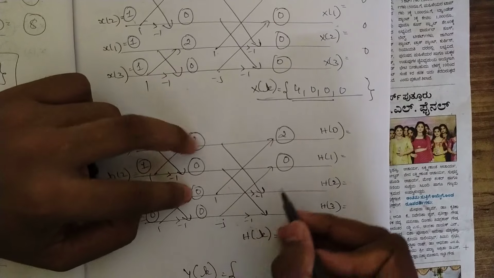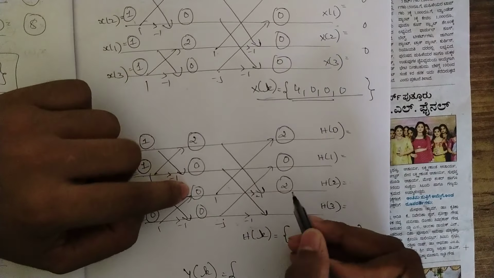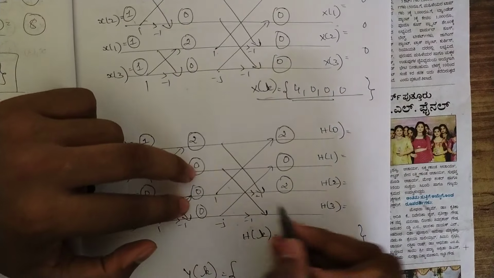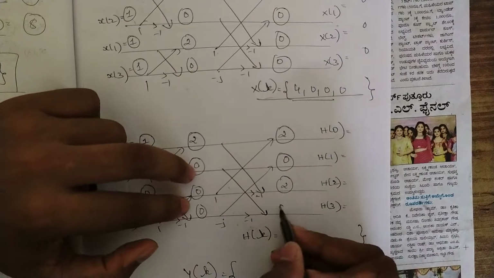Then 0 plus 2 is 2, then 0 into 0, 0 into minus j minus 1, 0 plus 0 is 0. So these are the second values: 2 0 2 0 2 0 2 0. Hope you understood this. Then do the point to point multiplication. 4 2s are 8, 0 into 0 is 0, 0 into anything is 0. So this is our y of k.